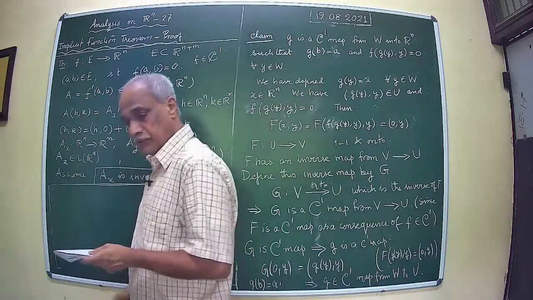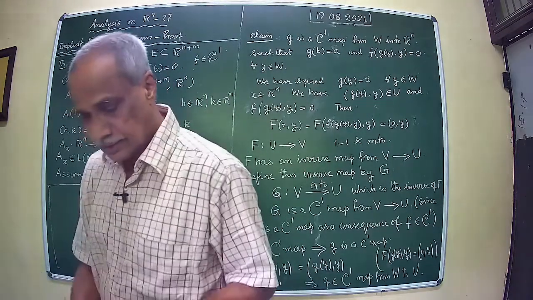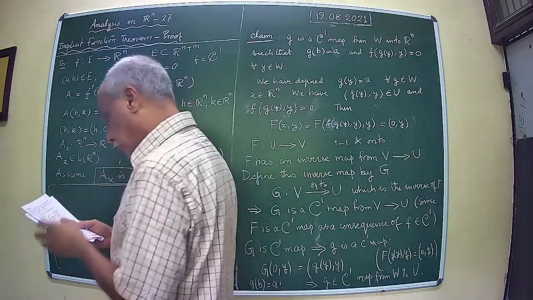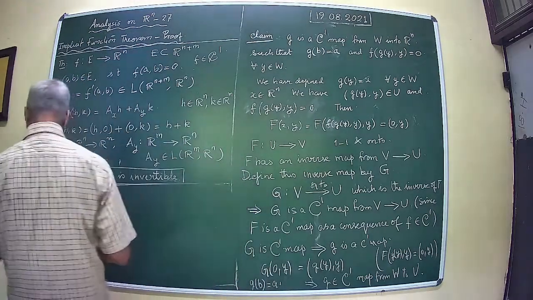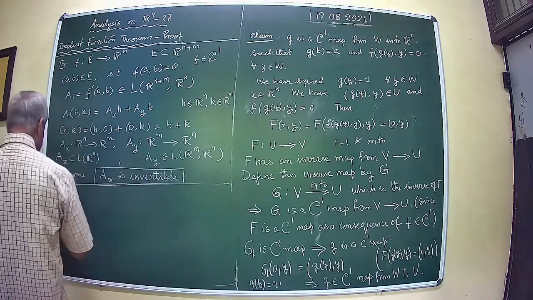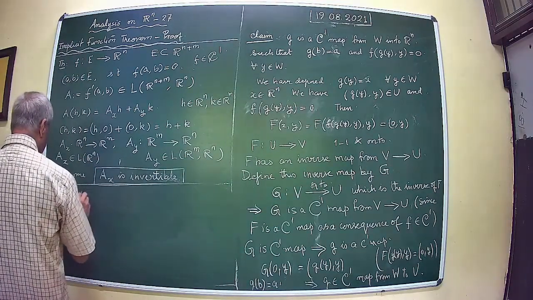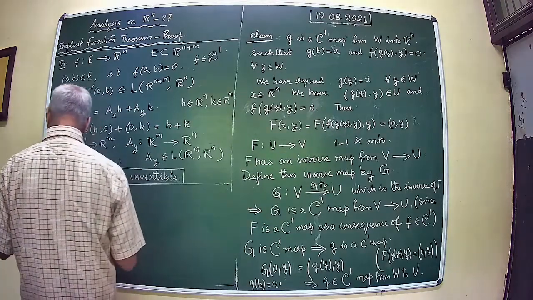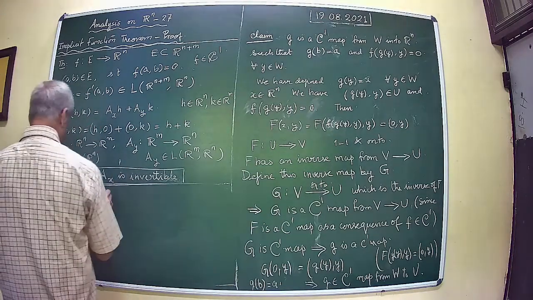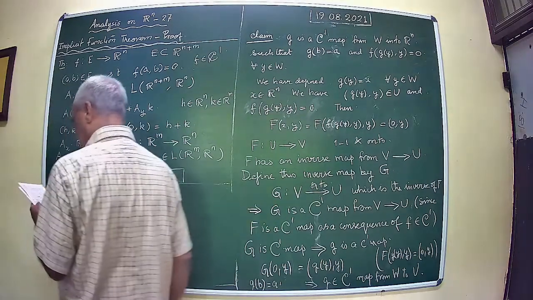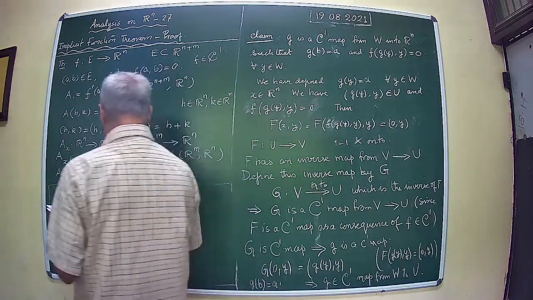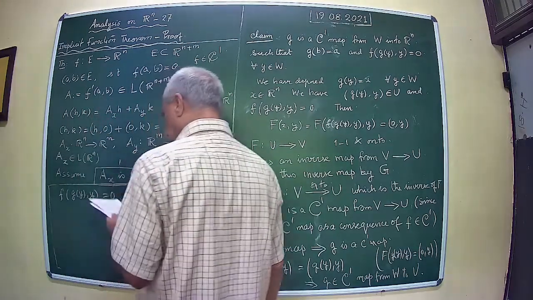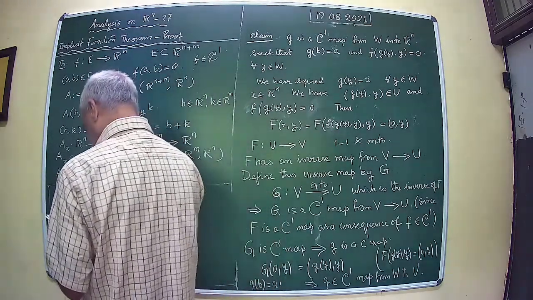So what we want to prove is this, that we want to prove that, so we have GY equal to 0 for every Y belonging to W. That we have proved, and G belongs to C1.